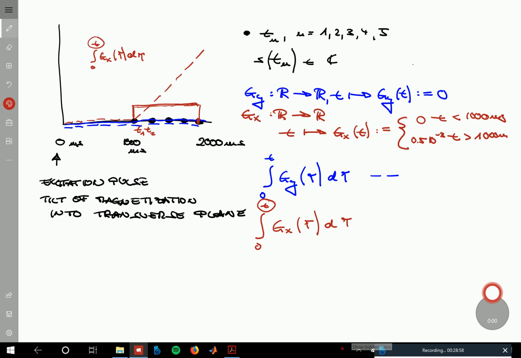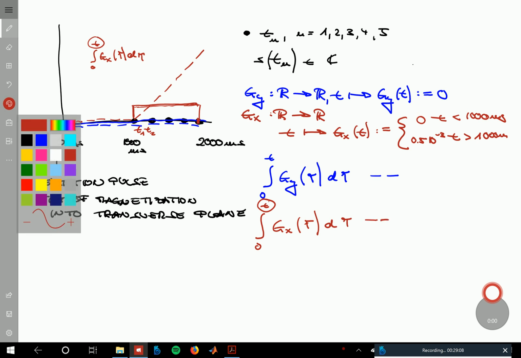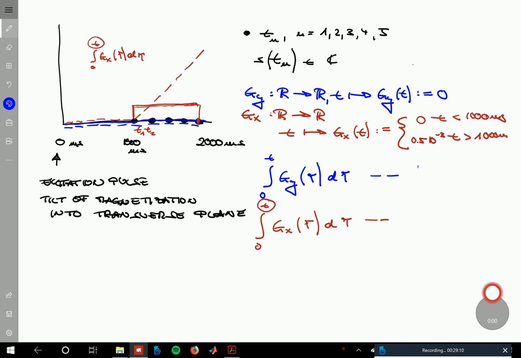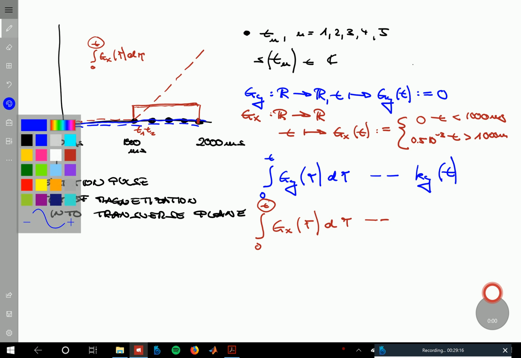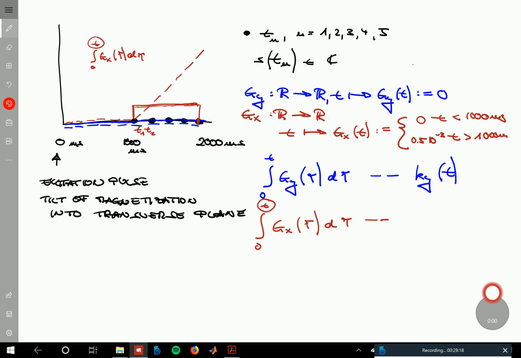So these are two things that are important. And what is also important is that these time integrals refer to our Fourier parameter. So the y integral is ky, and the x integral is kx as a function of time.